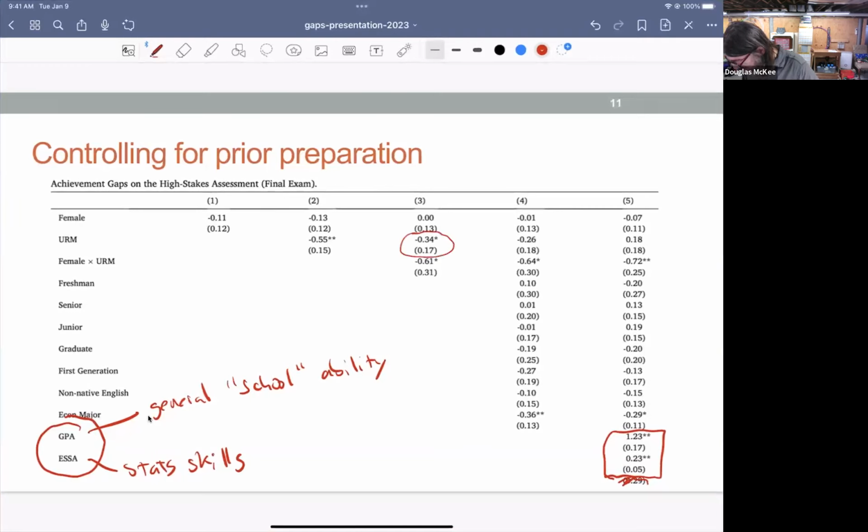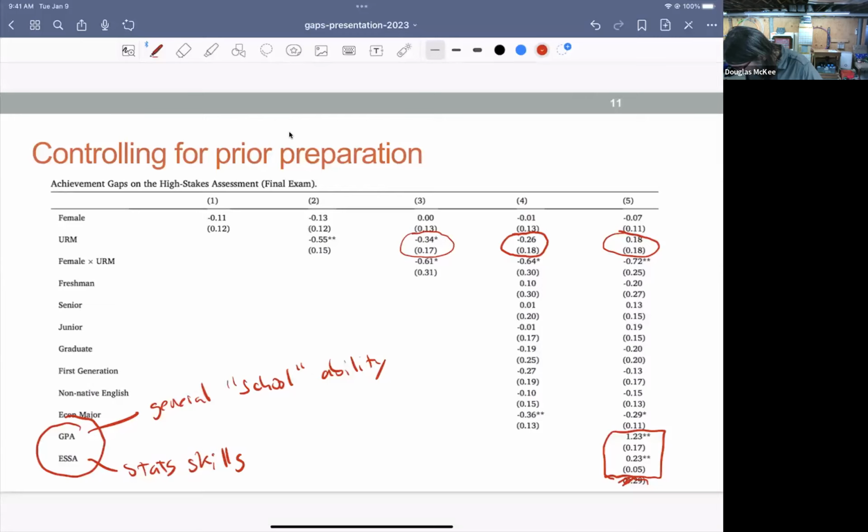When we control for other demographics, that male gap goes down a little and it loses that... it does seem that controlling for prior preparation entirely eliminates the male URM gap. Okay, that's what we're seeing in this course, in this data.